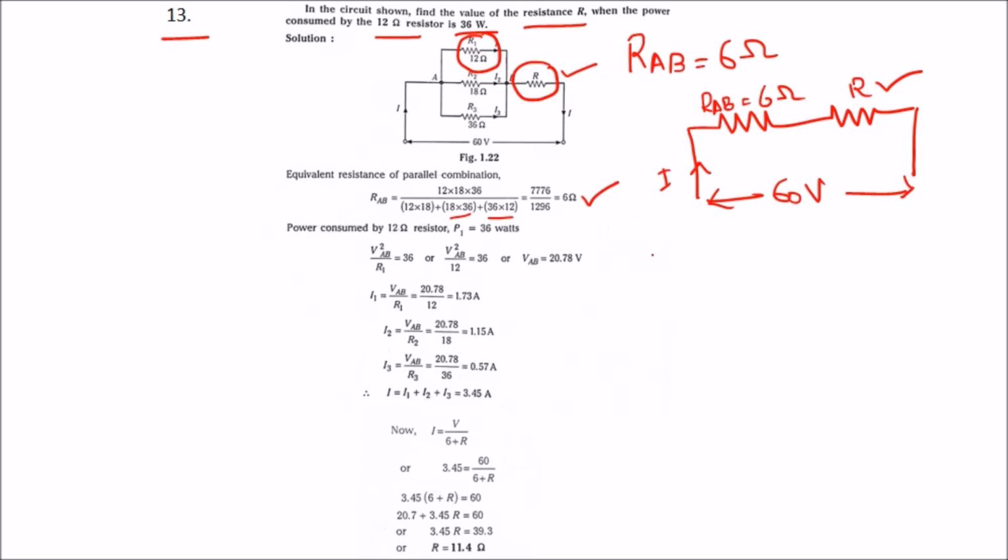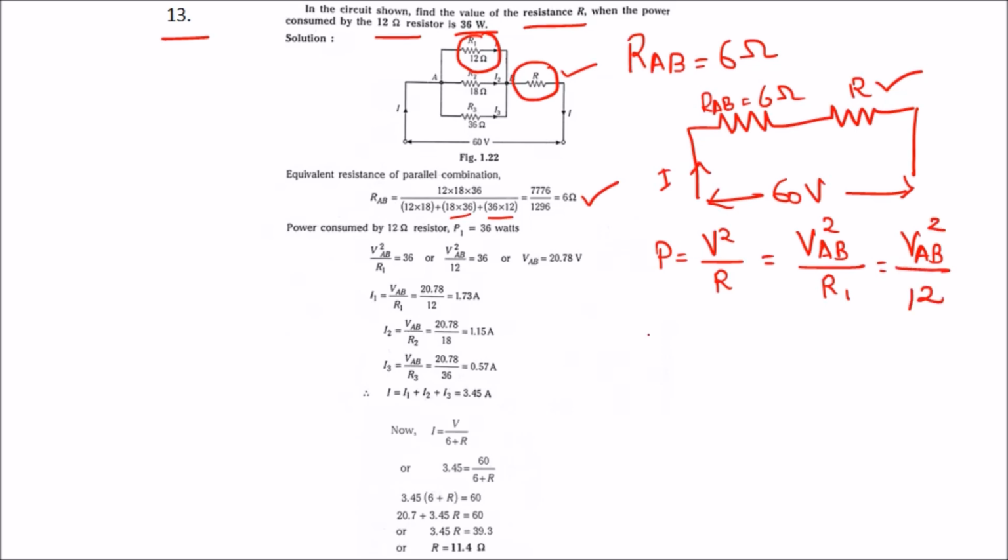So we know the formula P is equal to V square divided by R. As they have given for R1, we should have VAB whole square divided by R1, where R1 is 12.